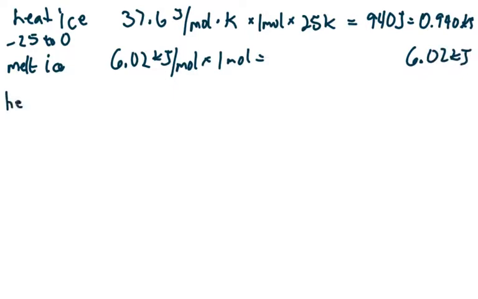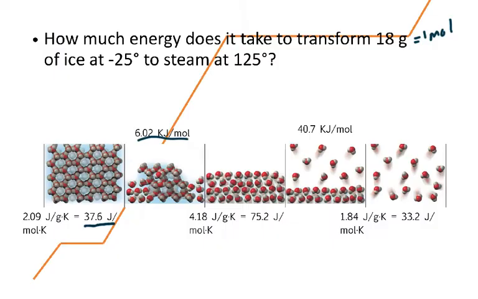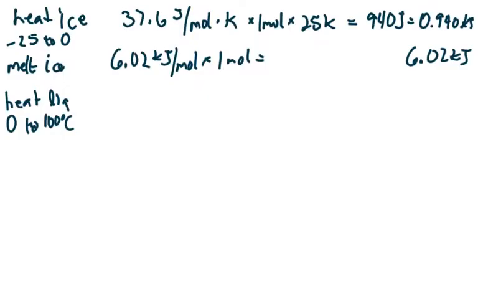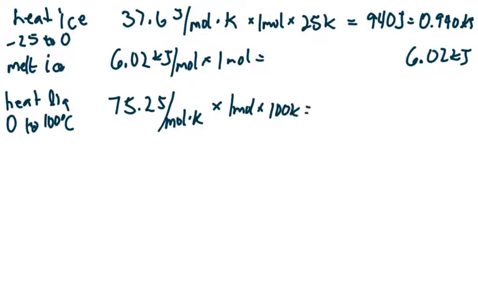Then we have to heat our liquid from 0 to 100 degrees Celsius, and that's going to take 75.2 joules per mole times Kelvin. So that times our 1 mole times 100 Kelvin is going to get us 7.525 times 10 to the third joules, which is 7.525 kilojoules.